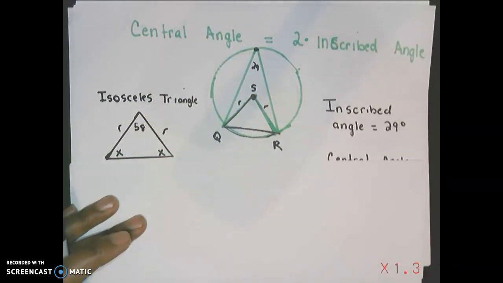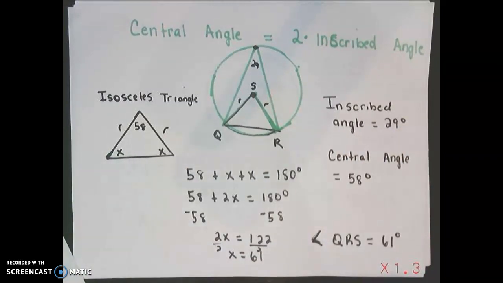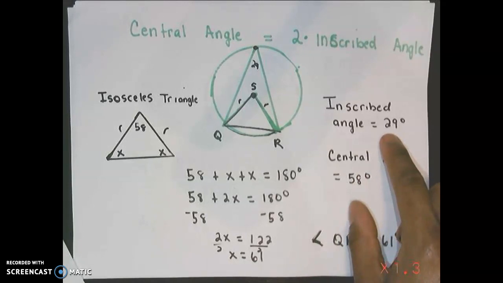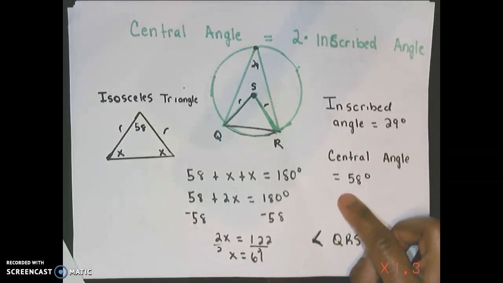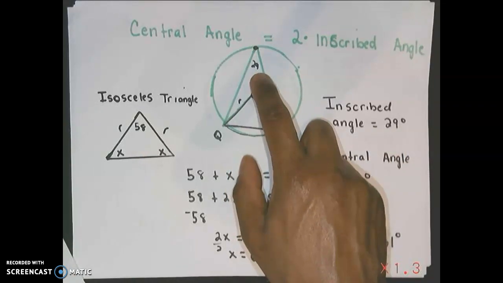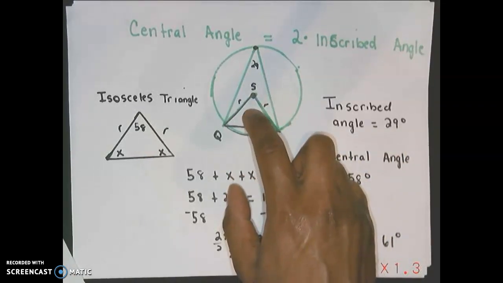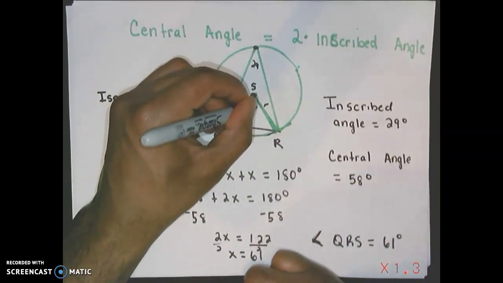In this particular case, the inscribed angle is 29 degrees. The central angle is 58 degrees because if I multiply 2 times 29, I get 58. So I'll just take the inscribed angle and double it, and that will give me my central angle. So this angle here is going to be 58.